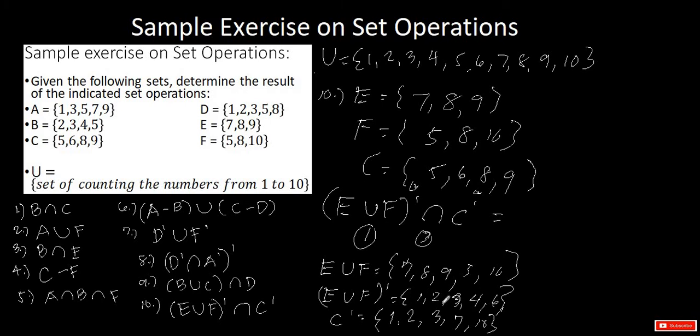So let's find the common elements of the complement of E union F and the complement of set C. Common elements we have 1, 2, 3, okay, 1, 2, and 3 only.